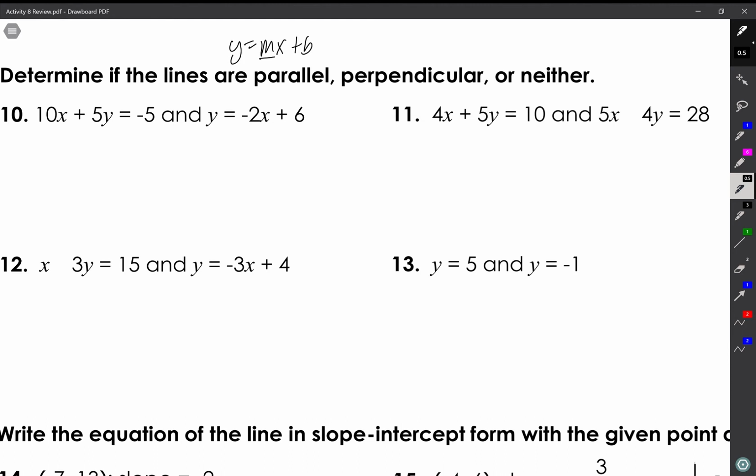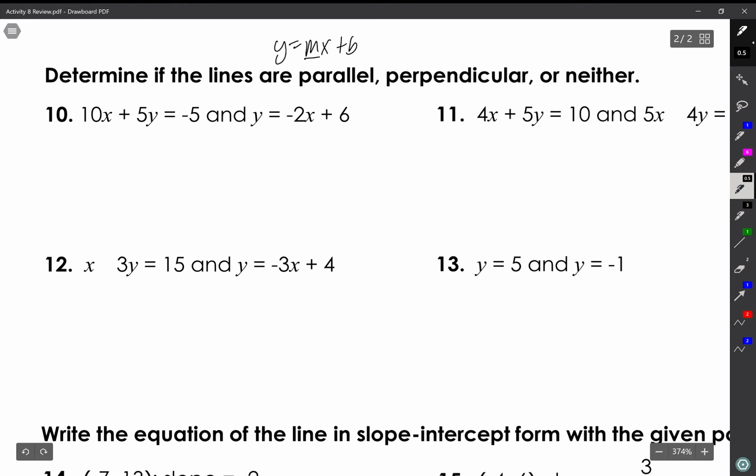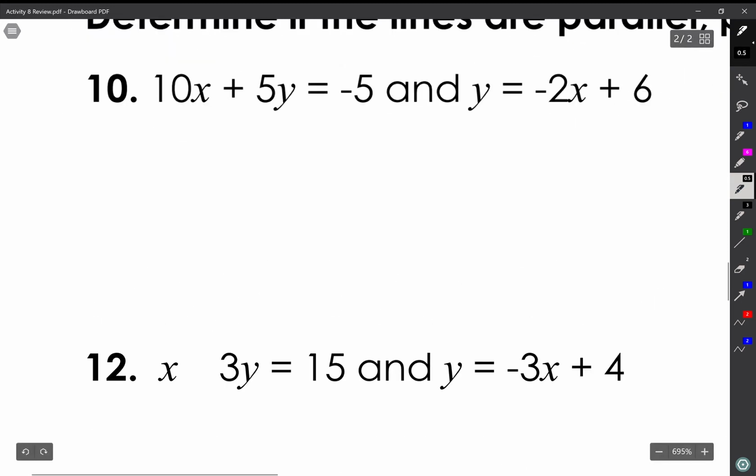So if we're given a line that is not written in slope-intercept form, your first step is always going to be to convert it to slope-intercept form. For instance, number 10 right here, we have the line 10x + 5y = -5. What we want to do is put this in slope-intercept form first, and then we'll be able to tell our slope from there.